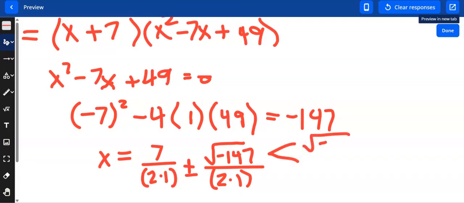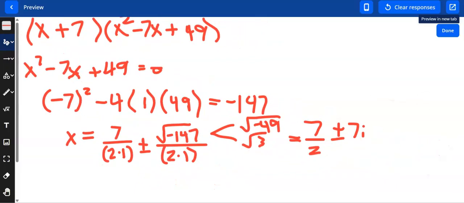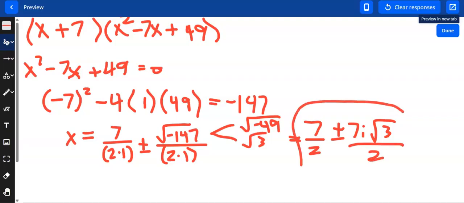It's going to break down into -49 and 3. Always looking for perfect squares which go into those numbers. So we really have 7 over 2 plus or minus 7i radical 3 all over 2.